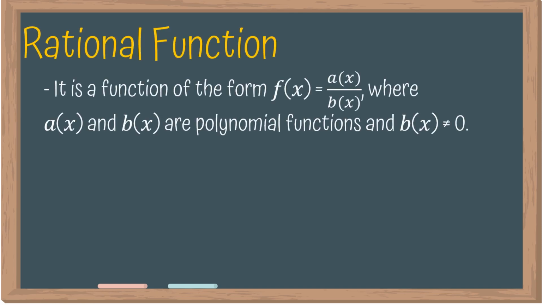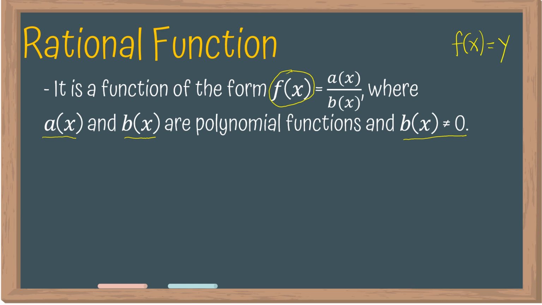So a rational function is defined as a function of the form f of x is equal to a of x over b of x, where a of x and b of x are polynomial functions and b of x is not equal to 0. We should also take note here that f of x is also equal to y.